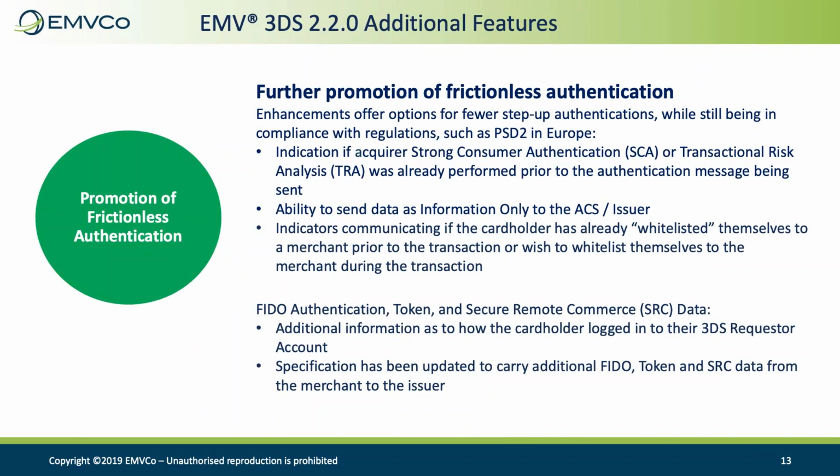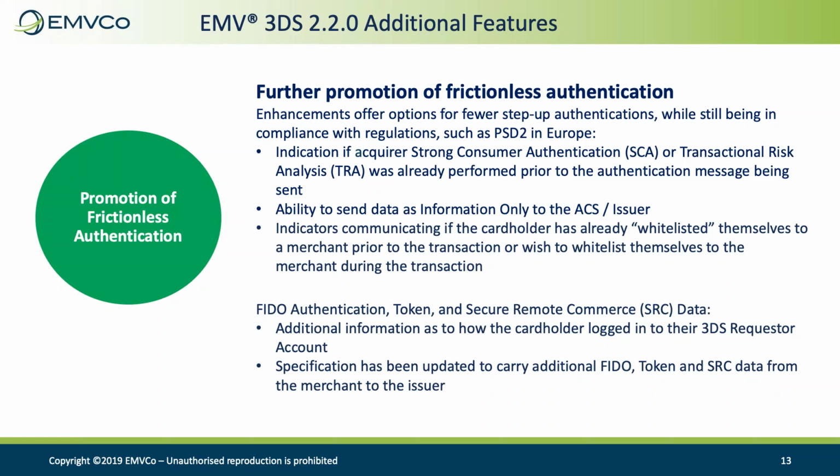Promotion of frictionless authentication. We added enhancements to version 2.2.0 to offer options for fewer step-up authentication, while at the same time being in compliance with regulations such as PSD2 in Europe. There are now indicators for strong consumer authentication or transactional risk analysis that may have been performed prior to the authentication message being sent.